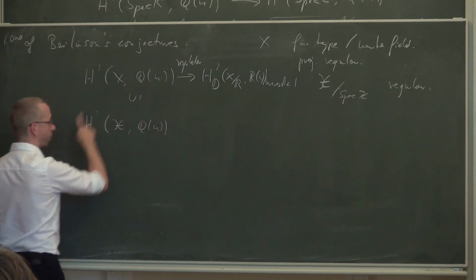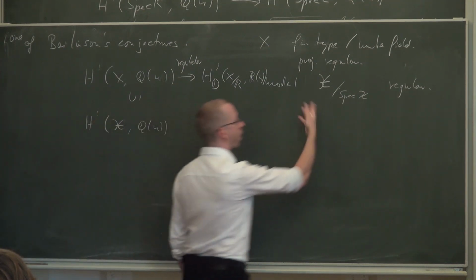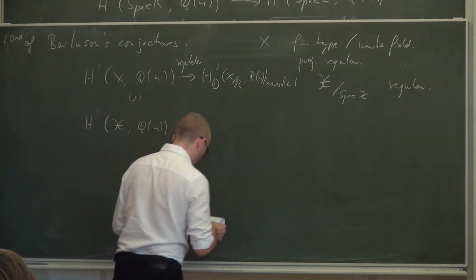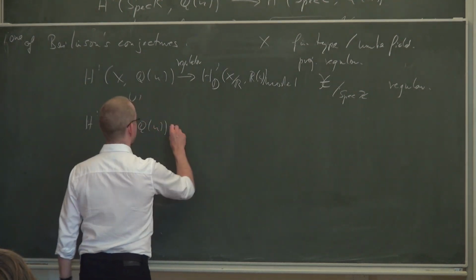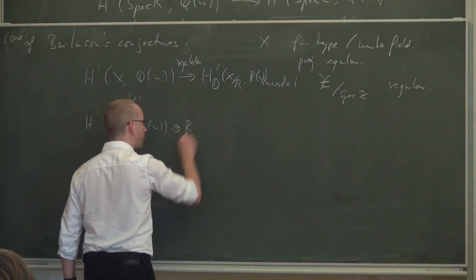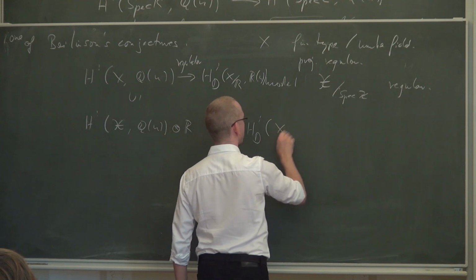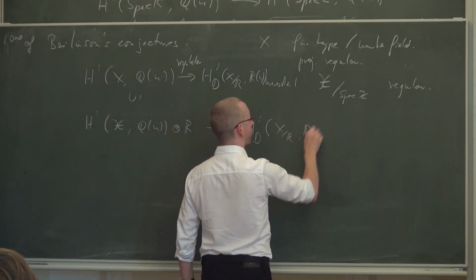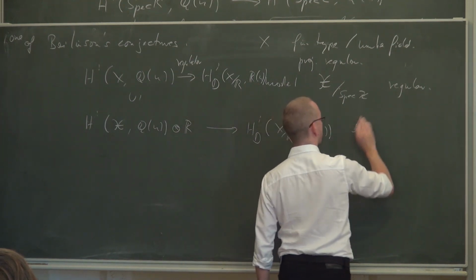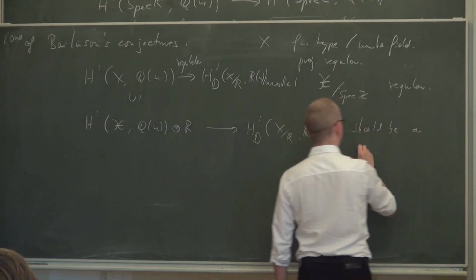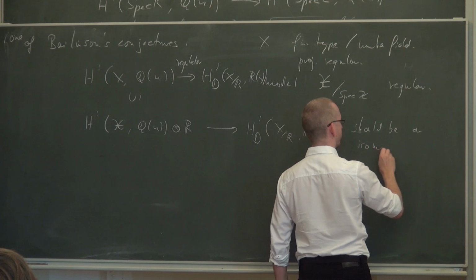You have the motivic cohomology that comes from a regular model of X, and you can tensor this thing with R and then look at the map to the Deligne cohomology. This should be an isomorphism.